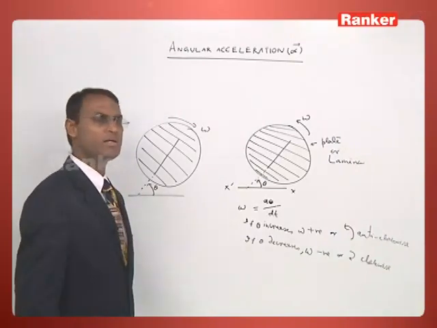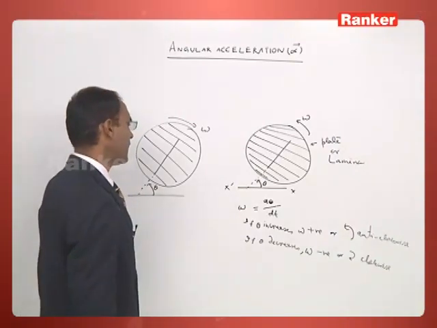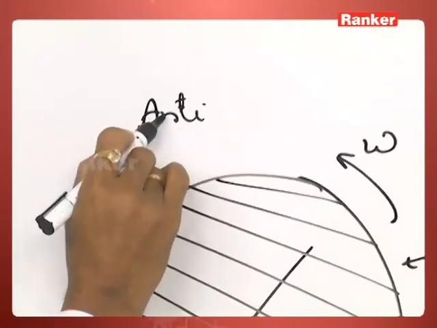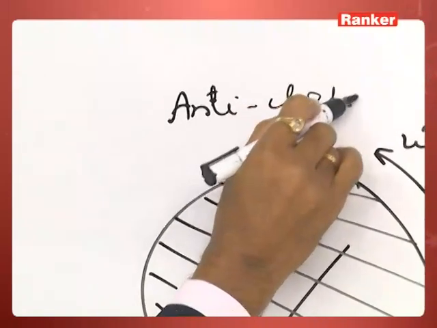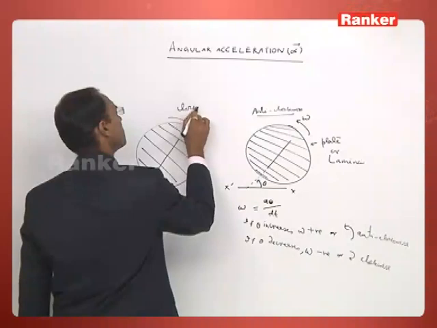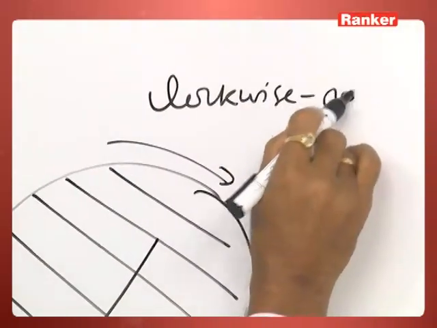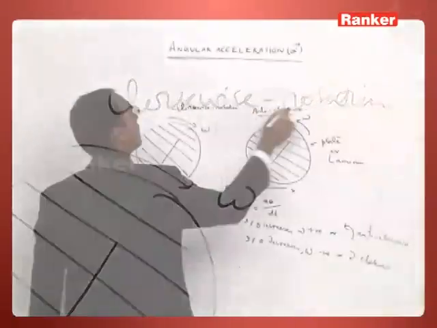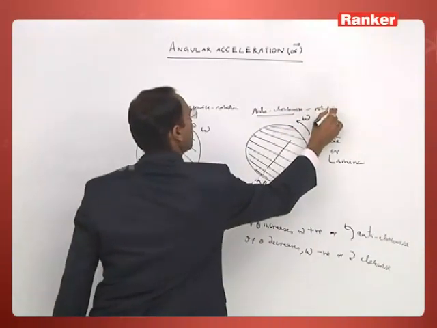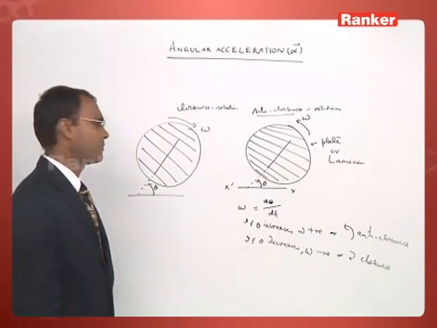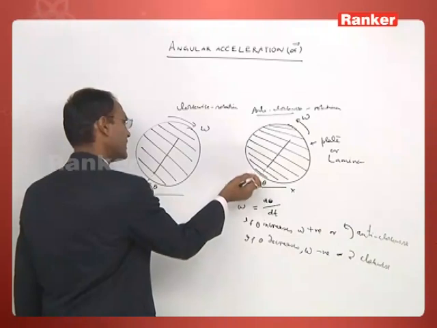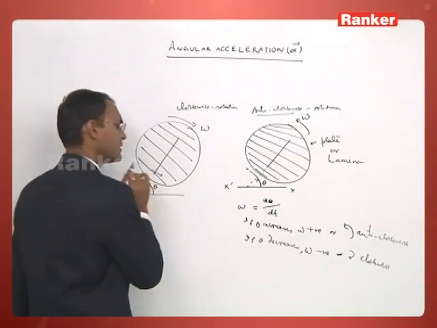That is what I explained in last class. This is anticlockwise rotation. This is clockwise rotation. Here theta increases, here theta decreases.